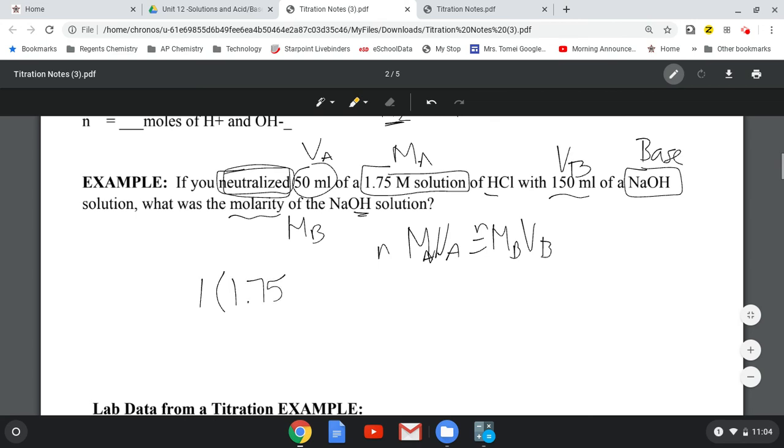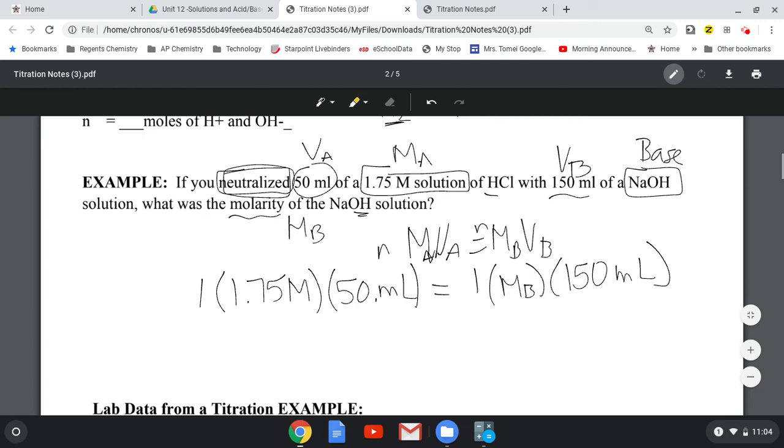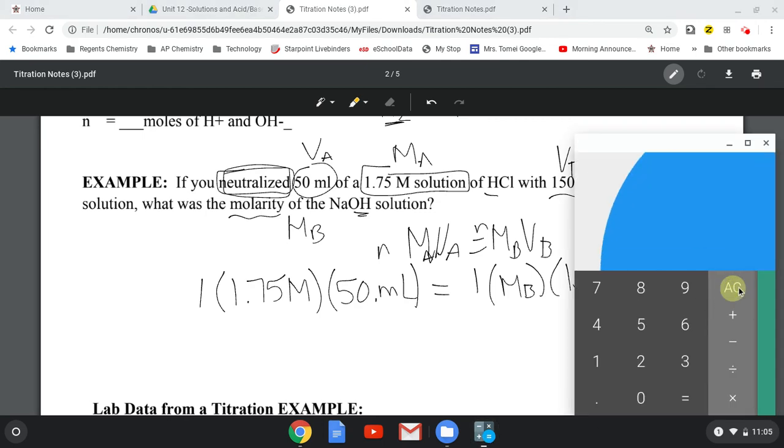So it's just really important that you keep the molarity of the acid with the appropriate volume, meaning the volume of the acid. And then my n value for my base is 1. The molarity of the base is what I'm solving for, and the volume of the base is given to me as 150 milliliters. So as far as solving goes, I'll pull my calculator up here.